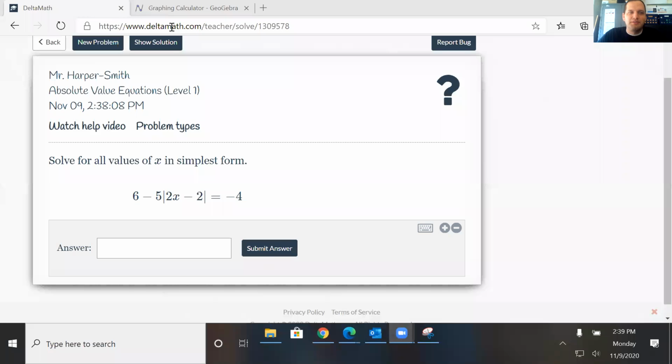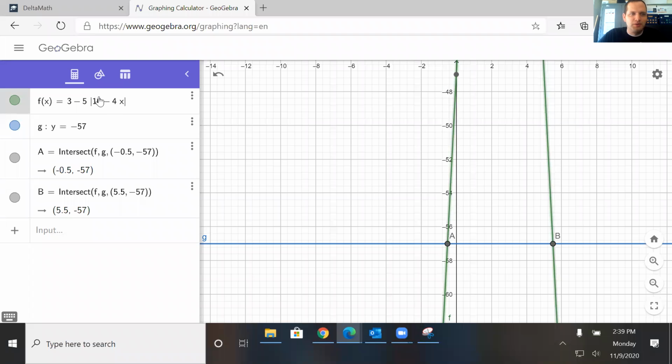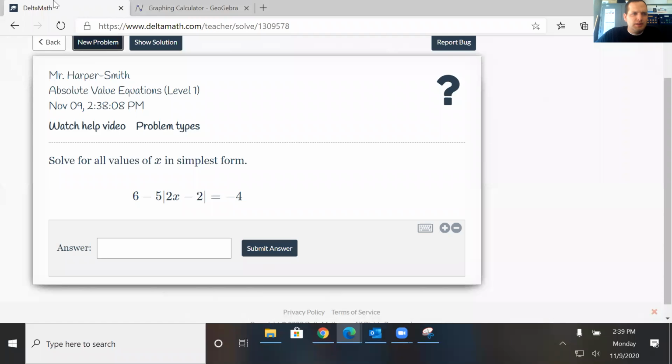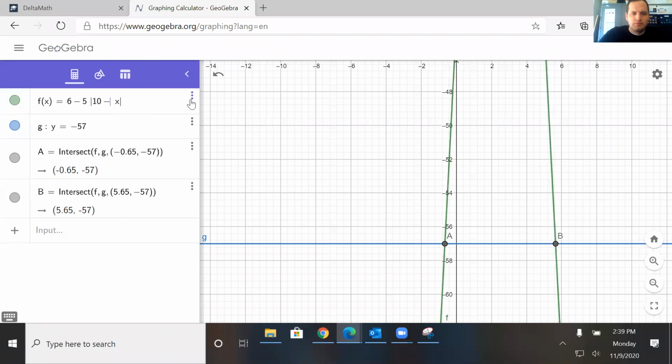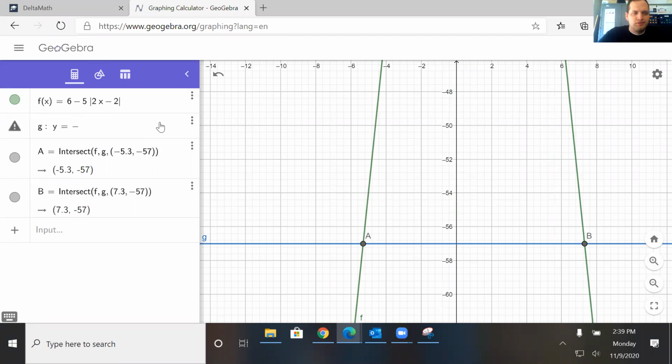We have 6 minus 5. I'm going to go to GeoGebra.com. So we've got 6 minus 5, and then the absolute value of 2x minus 2. We want to know, when does it equal -4?